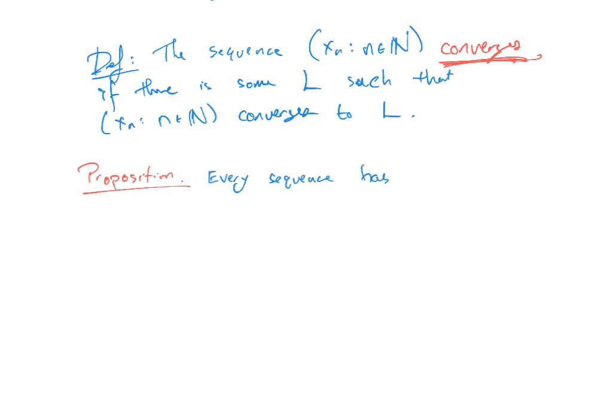What this definition is saying is I want to use the word converges, and by that I just mean it converges to something. We're going to have theorems that say every convergent sequence blah, and we don't want to have to say what they actually converge to.